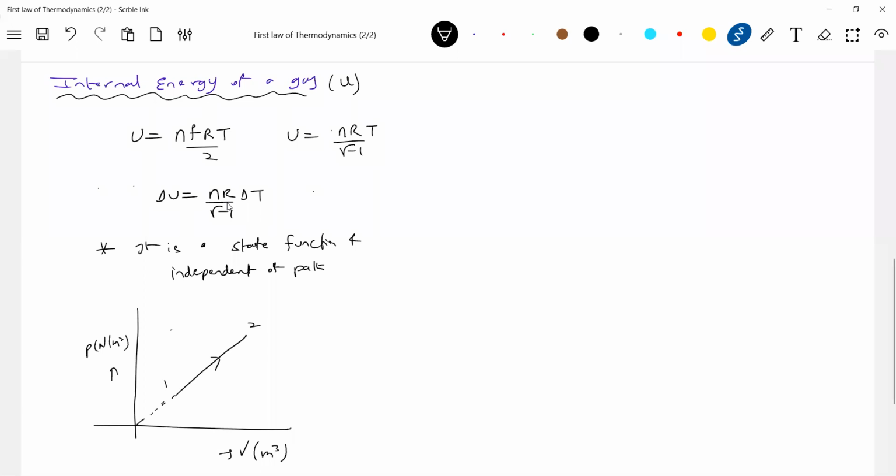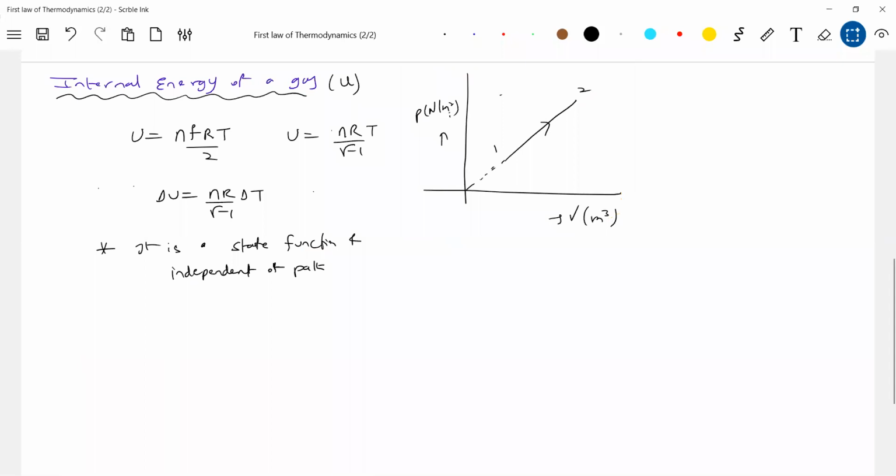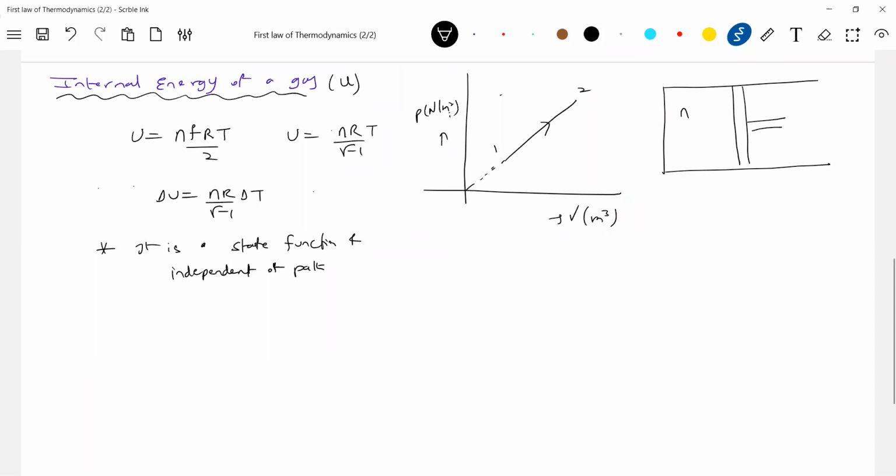So I will take a cylinder. Let me bring a nearby diagram. So this is a cylinder having n moles of gas.